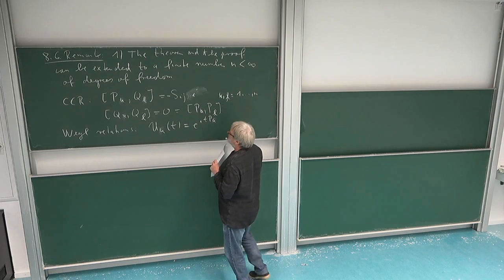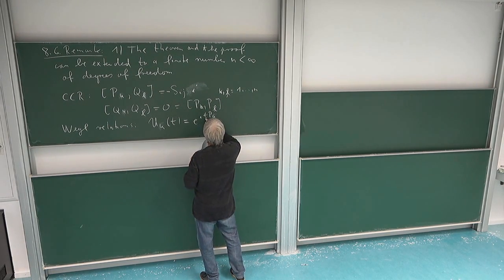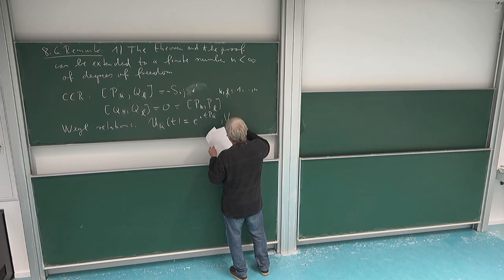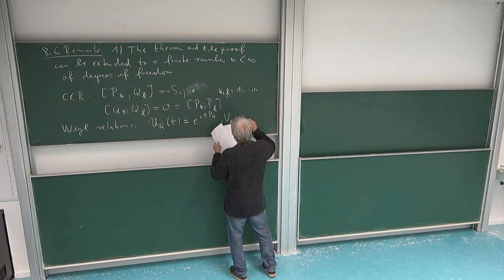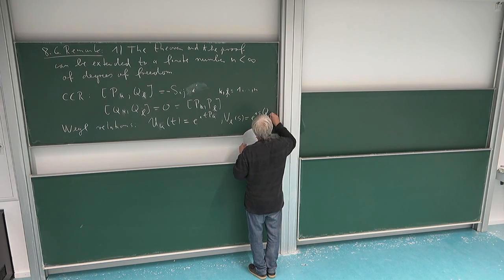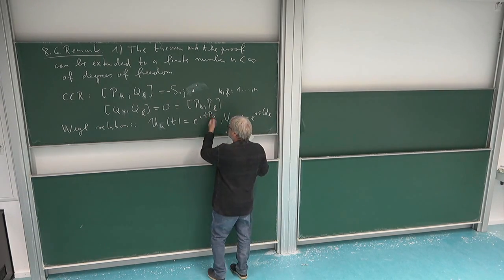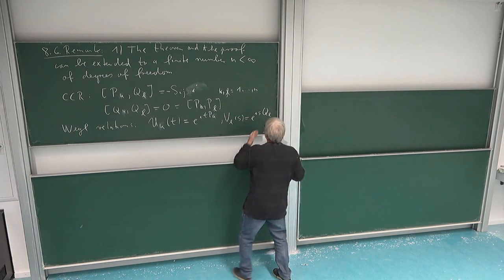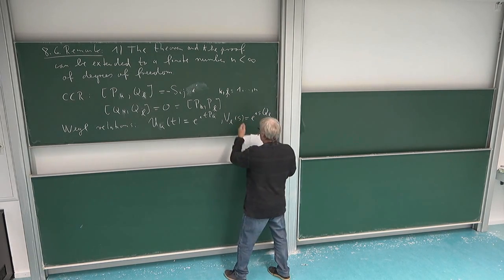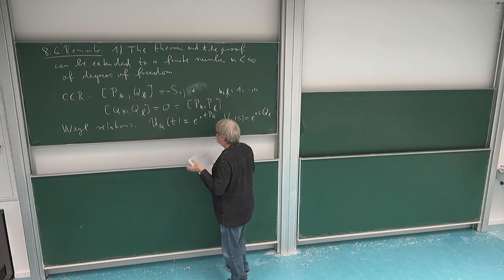In the Weyl relations, I'm taking the U_k, so this is e to the i t p_k, and I also have the V_l of s. This is e to the i s q_l. So the p_k is a generator of this unitary group, the q_l is a generator of this unitary group. I have this for all t and s real numbers, and now I have to specify the commutation relations between those guys.